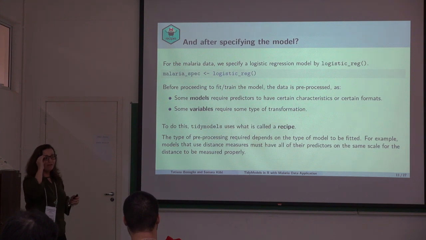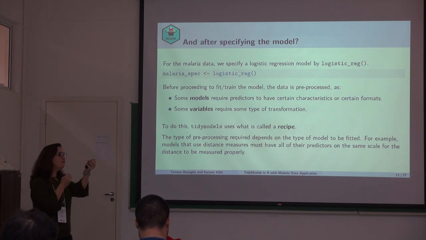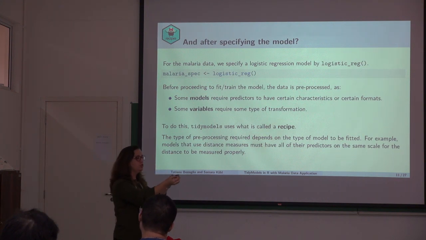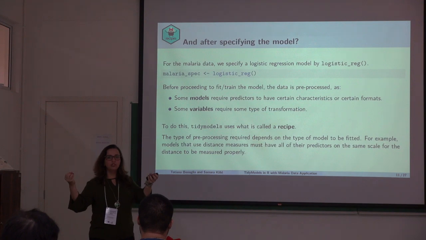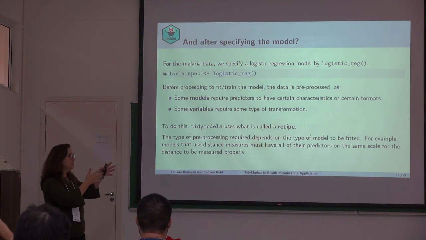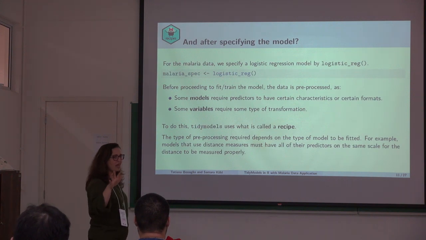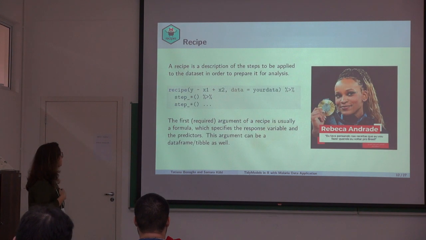For example, if I have a model that's going to calculate the Euclidean distance, and you have one variable which is your age, and another variable which is your annual salary, the annual salary is on another scale, so it's going to dominate your distance. So you need to put that on the same scale, so we need to normalize. But not every model requires that, okay?